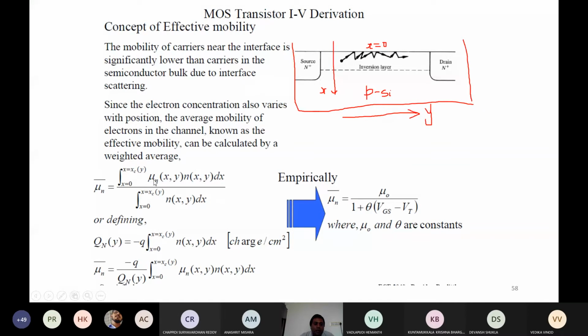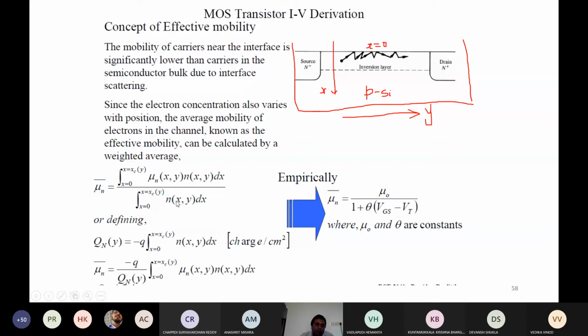Mu1(x,y) is the mobility we consider at a point (x,y), multiplied by the electronic charge and the electron concentration n(x,y) at that coordinate, and it is integrated over x from x equal to 0 to x equal to xc, from the interface through the channel.